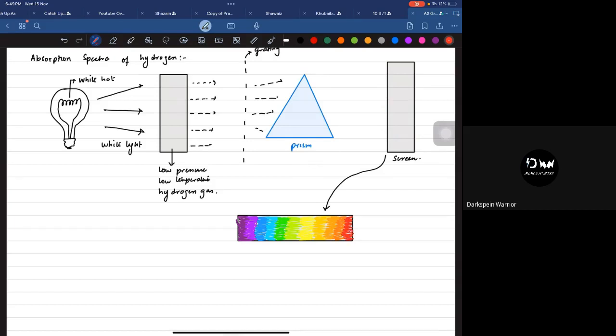So all these colors like a rainbow are there. But then what we see here is a bunch of discrete black lines.